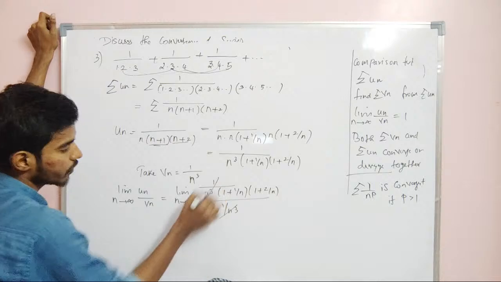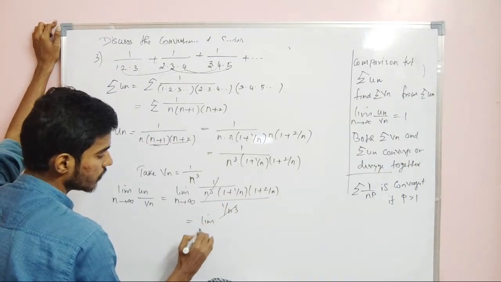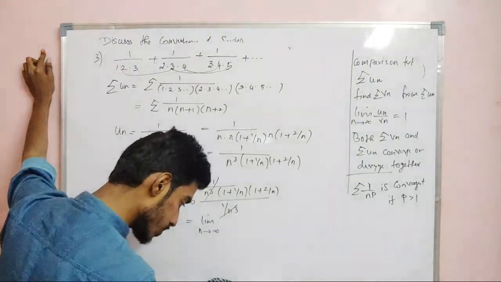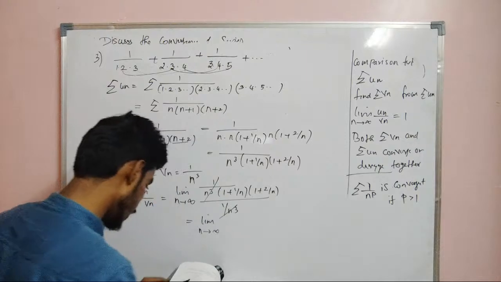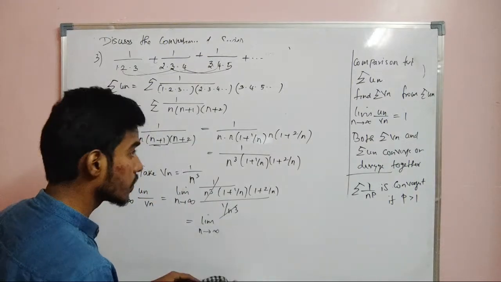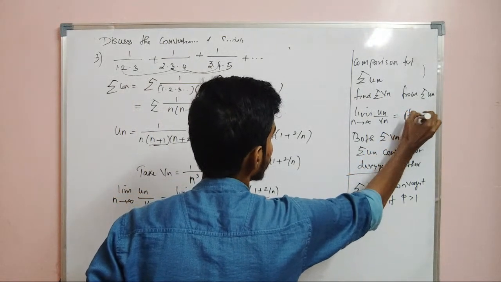So this 1 by n cube and this 1 by n cube will get cancelled. So we have the limit as n tends to infinity.